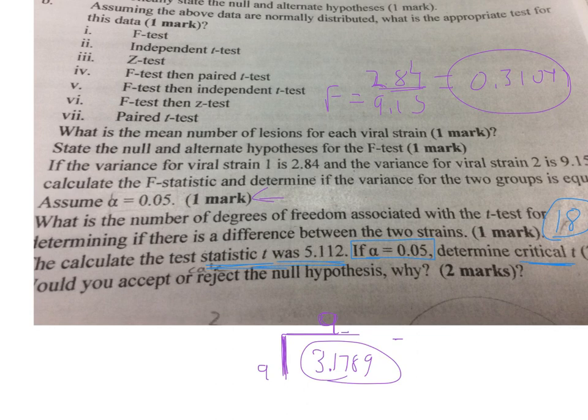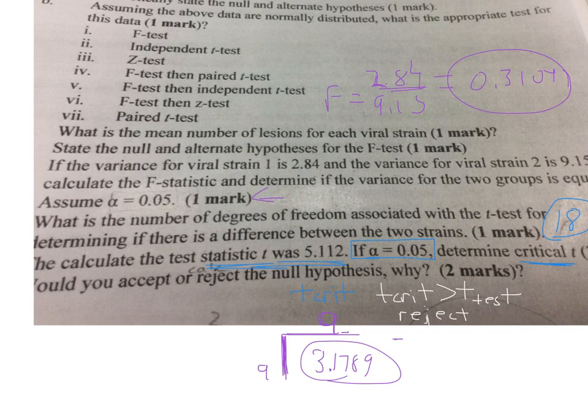If your T crit is greater than T test, then you have to reject. If it's the other way around, you accept the null.